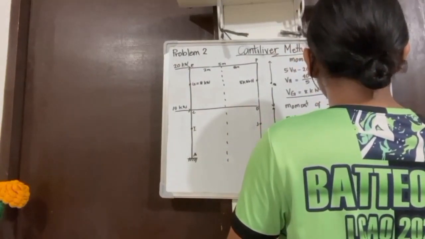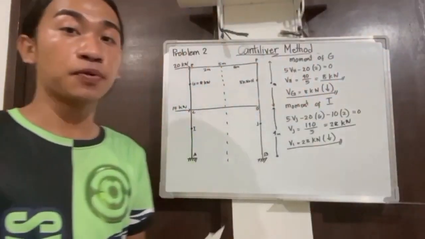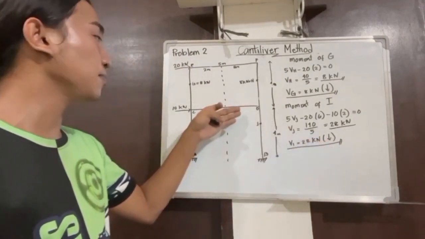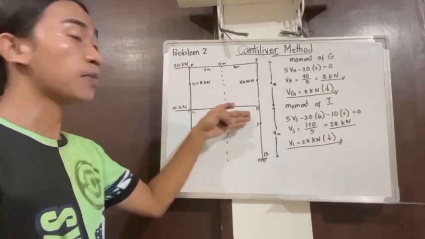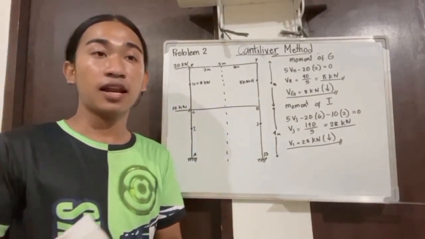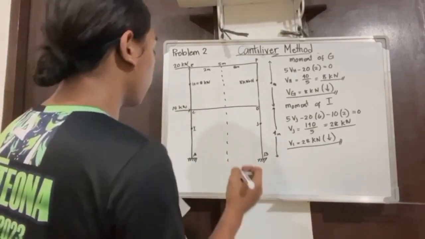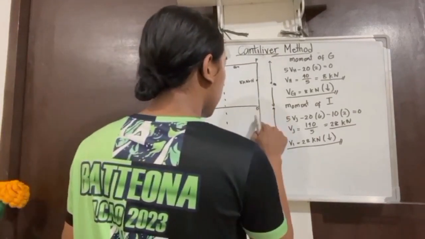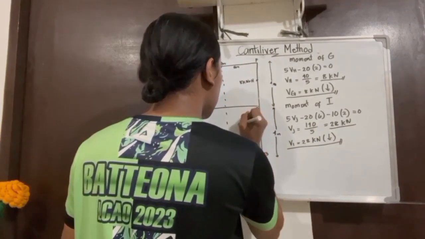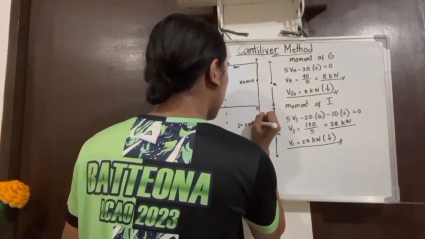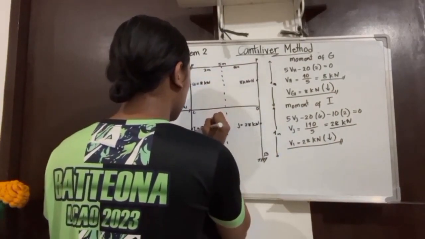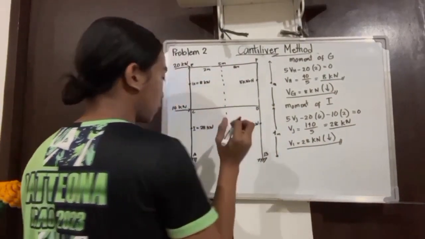VI is also 28 kilonewton since they have the same area and the same length. So our VG is 28 kilonewton, and our I is 28 kilonewton.